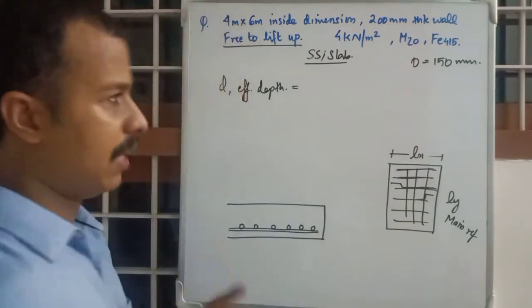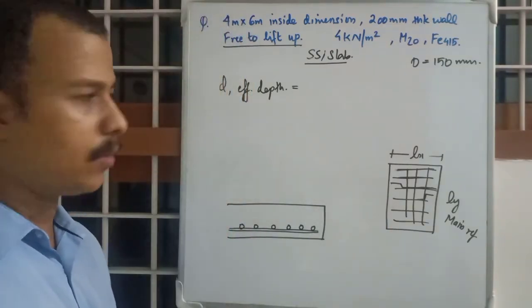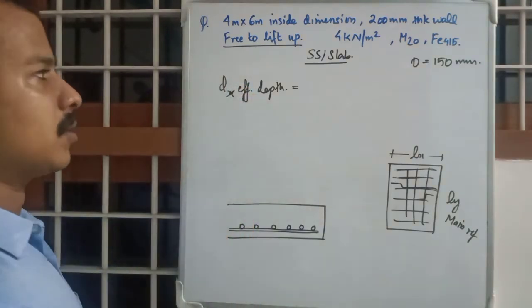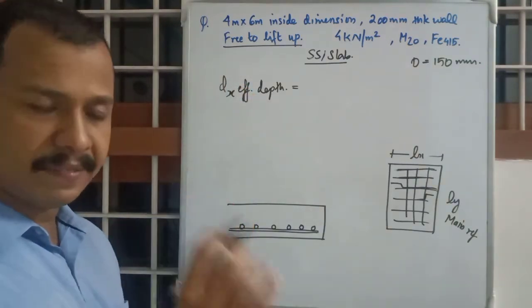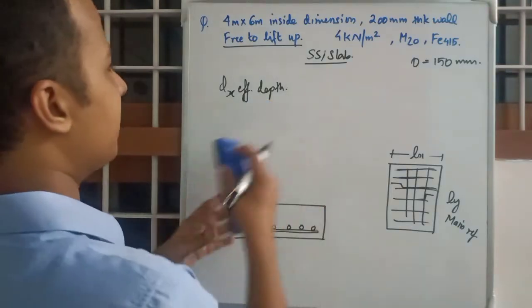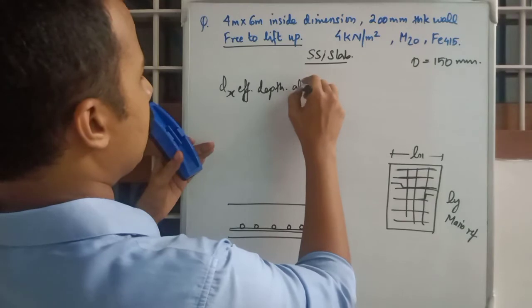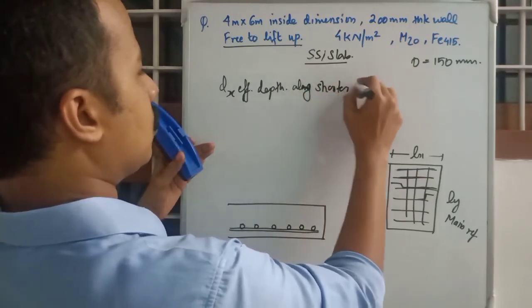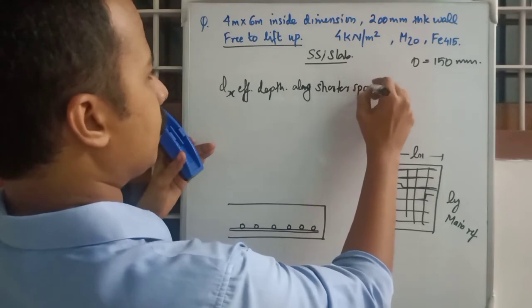Okay, so it alters this arrangement, alters this effective depth. So dx means the effective depth on shorter span. Effective depth along shorter span.